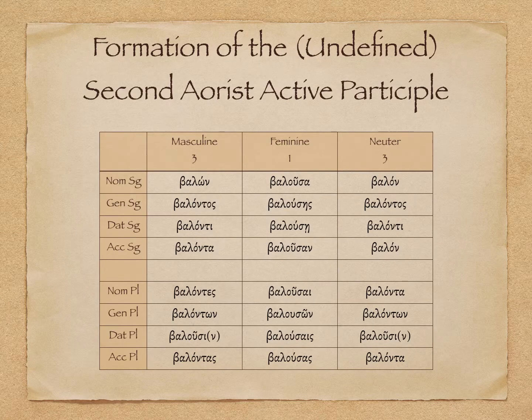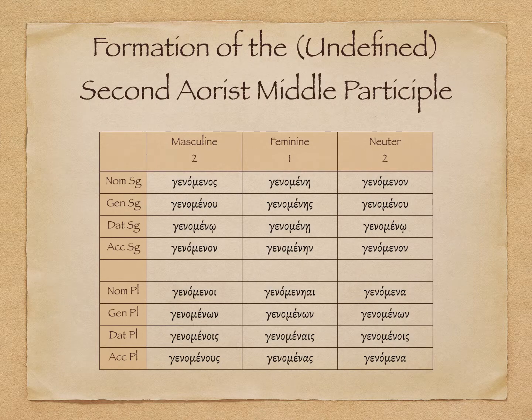And here is the formation of the second aorist active participle in the full paradigm. 3-1-3 in the active, just as the other participles that we've looked at, the present and the first aorist. So you can see how the second aorist participle is shorter, and how would we know it's not a present? Well, in this case, just the single lambda.